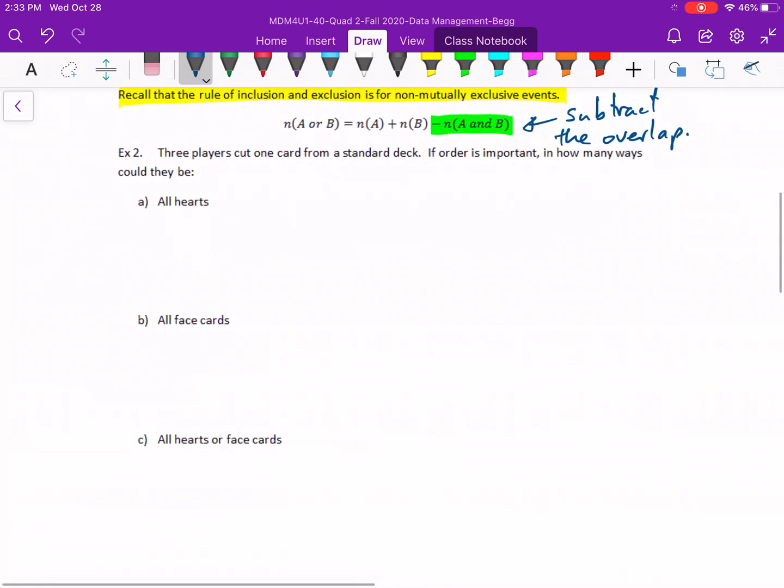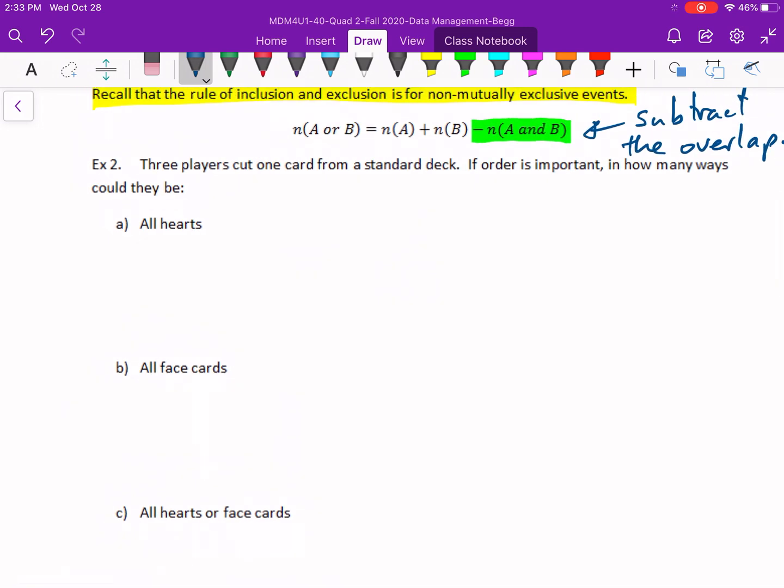So let's look at an example of that. 3 players cut 1 card each from a standard deck. If order is important, how many ways could there be all hearts? All right, the 3 players is our r value.